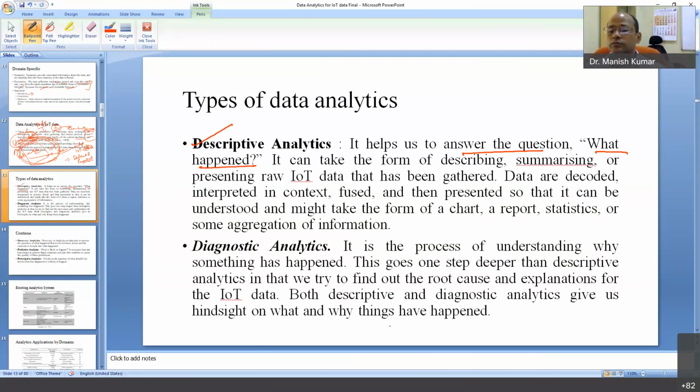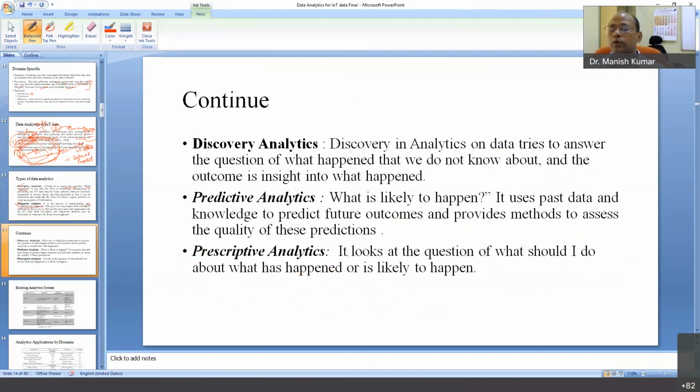Okay. Diagnostic, when I say, then we look for the answer of why something has happened. Okay. If you talk about discovery, then it is trying to answer what happened that we do not know about. Okay.